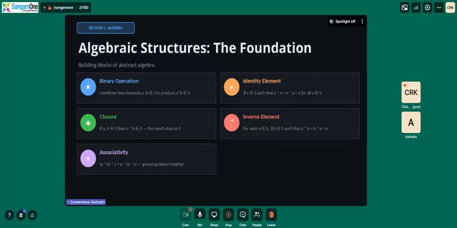So, what is an algebraic structure? It contains the building blocks of abstract algebra, mainly a binary operation, which combines two elements of a set. The important properties are closure, associativity, identity, and inverse.